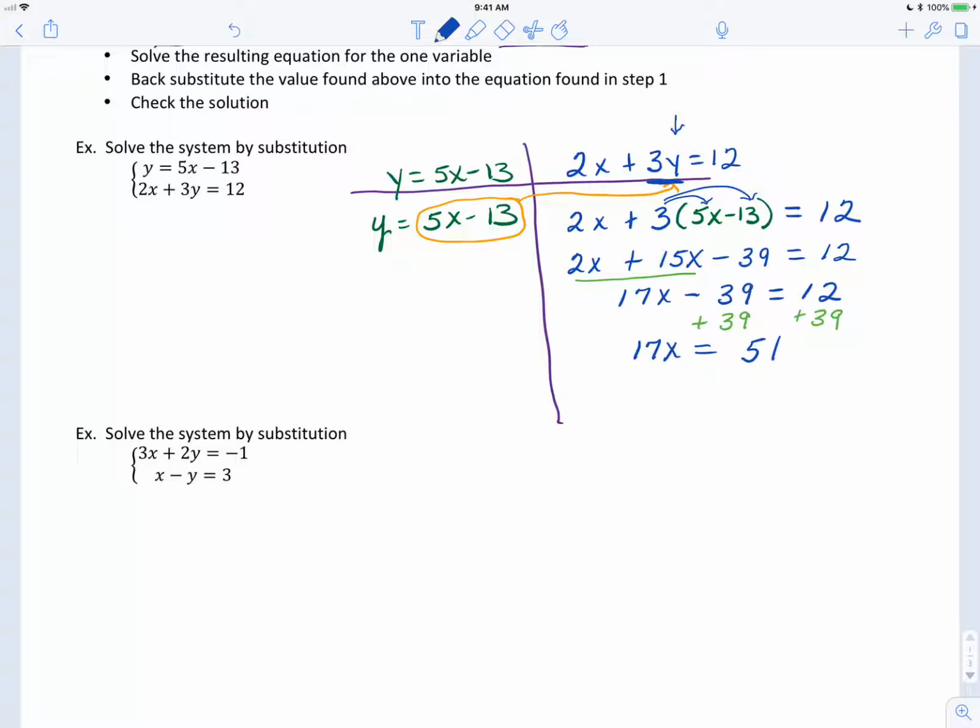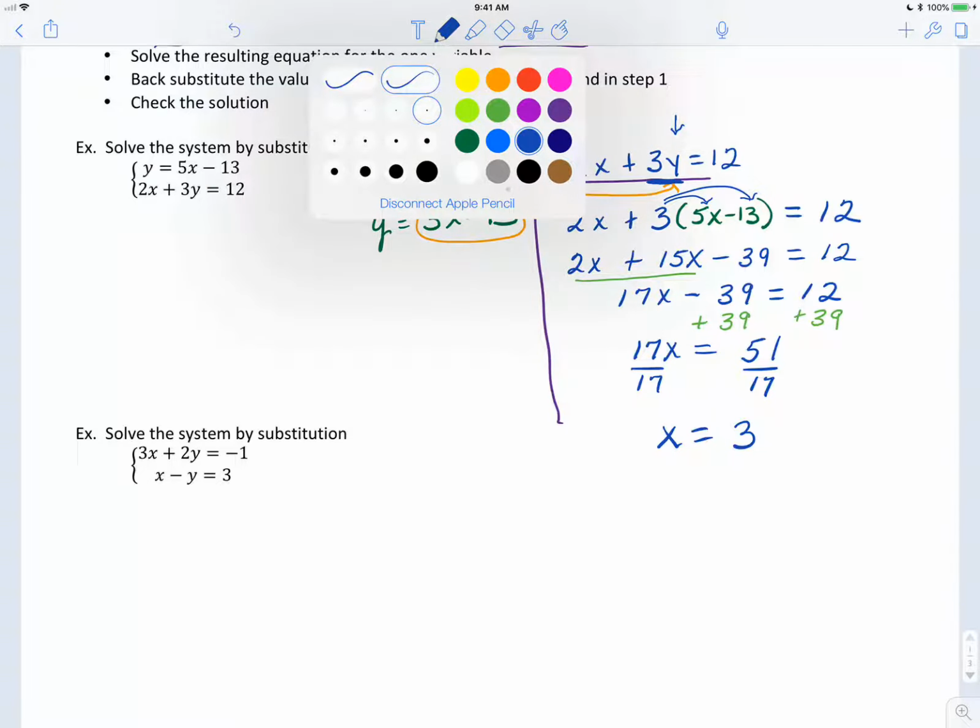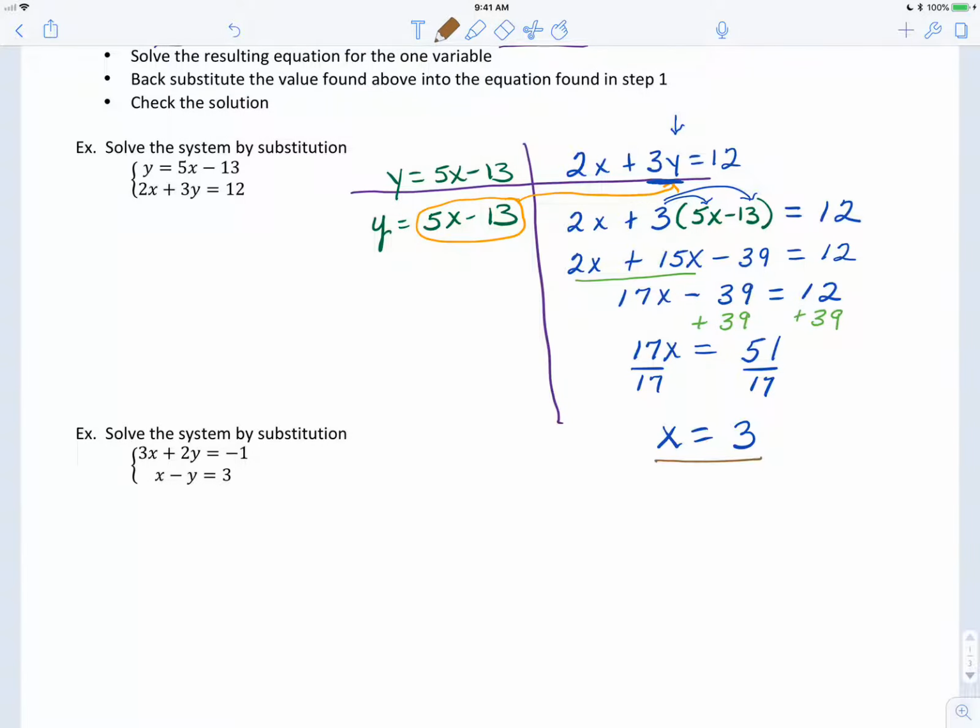And then we're going to divide by the 17. So x is equal to 3. All right, well, now that we know x is equal to 3, we'll say, okay, we know x is equal to 3.